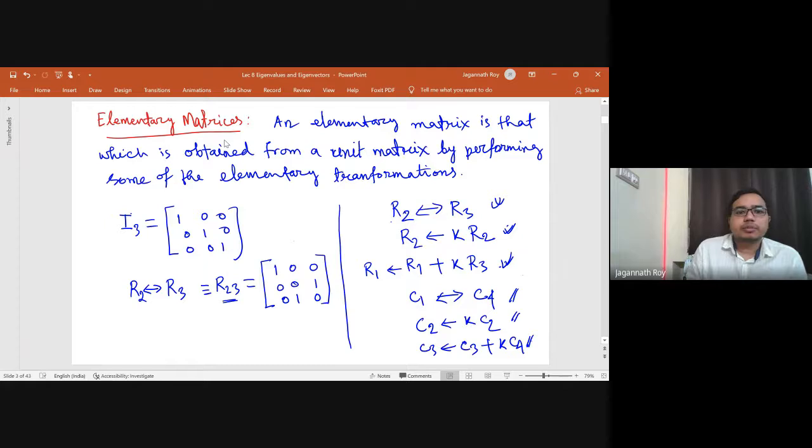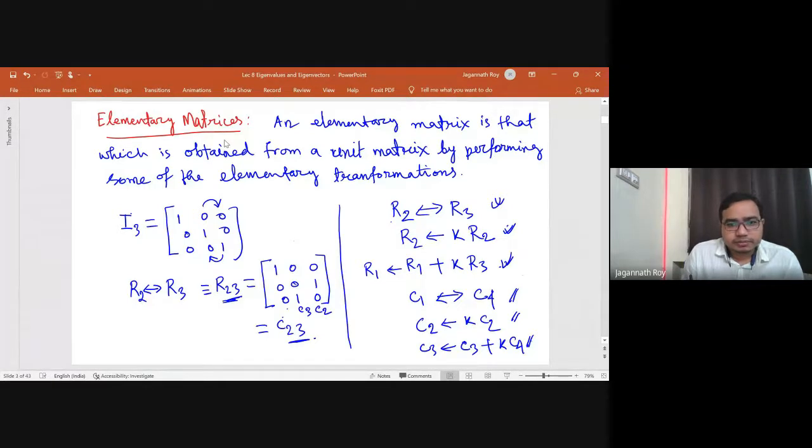Note that because of this procedure, the columns are also exchanged. So this is also C23. When we are doing R23, at the same time it is becoming C23 also. That means column 2 has now become column 3.